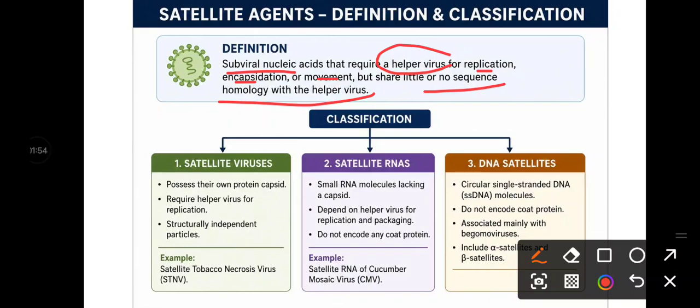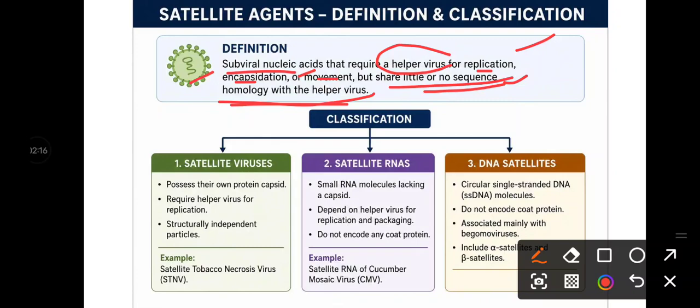I think you people are well acquainted with this definition. Everybody knows that a satellite agent requires a helper virus for replication, encapsulation and movement. But this important point, generally students used to forget about the sequence homology.